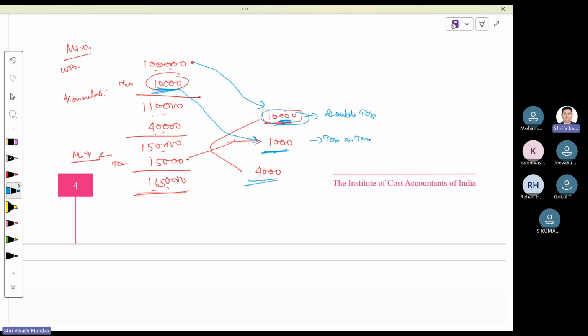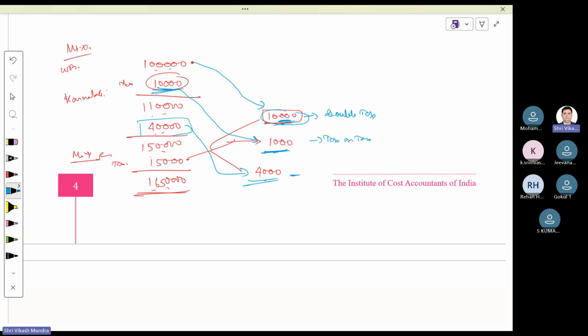And this 4,000 is absolutely one time the government is charging from me. That is 10% of the value added by me. Whatever value I add, 10% on that addition comes to 4,000. That is a fresh tax the government is supposed to charge.